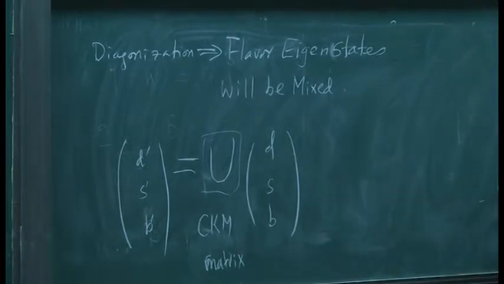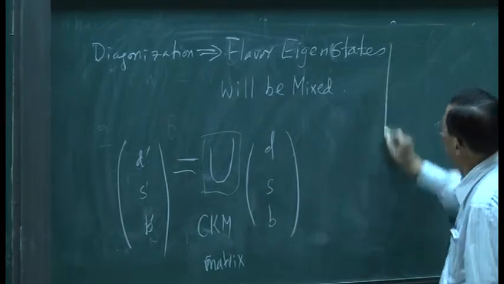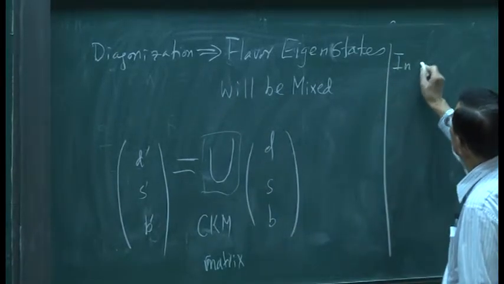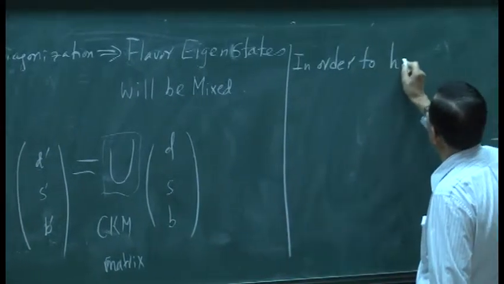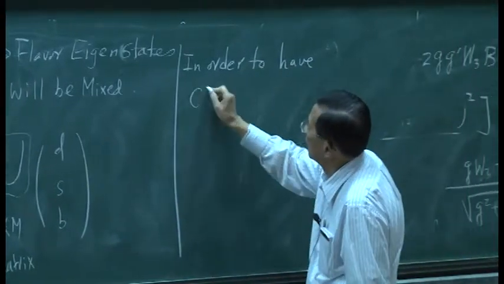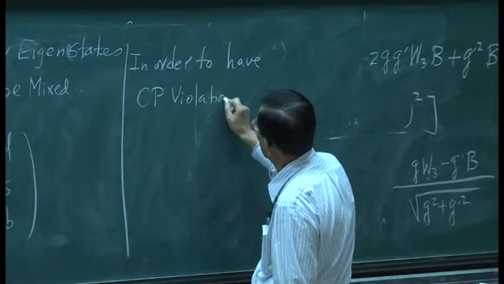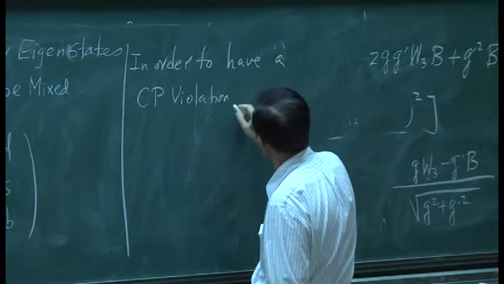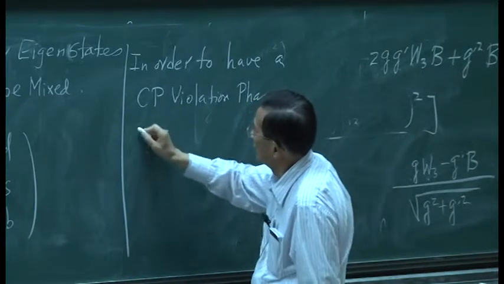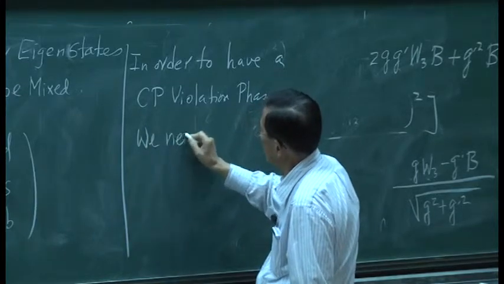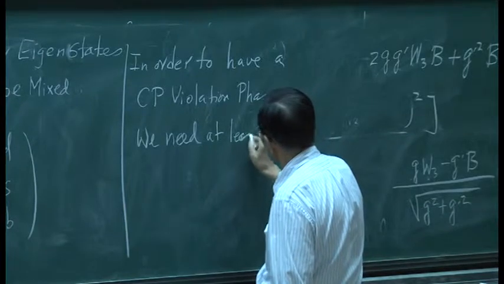I just want to make a point that in order to have a CP violation phase, we need at least 3 generations.